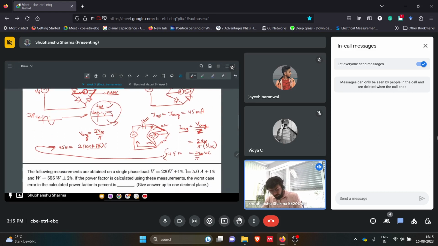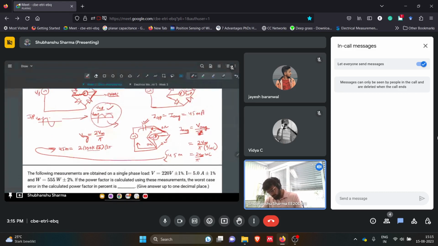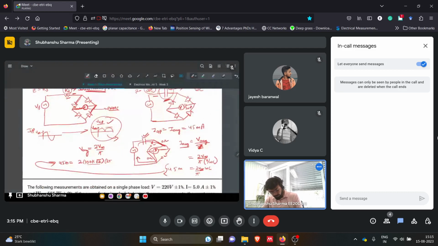Omega we know 2 pi, f is, they have given 50, okay, into C we don't know, that we have to calculate, and pi is pi. So this is the equation. So we can simply calculate C from here, and C will be equal to around 15.90 nanofarad.